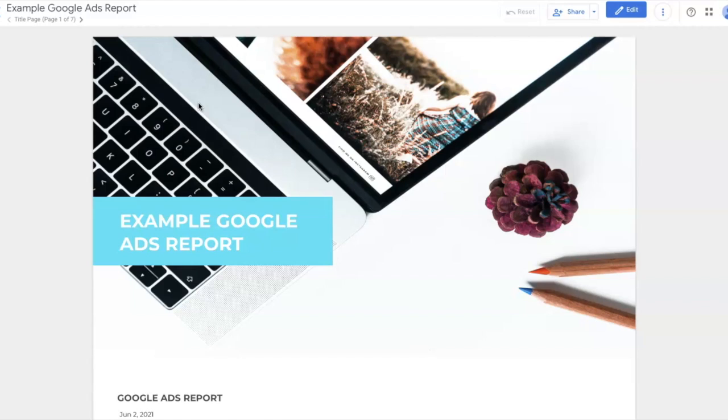Please bear in mind that not every single report is exactly the same, so your report might be ever so slightly different to this example Google Ads report. That's just because different customers have different types of tracking, they're different businesses with different goals, and whereas one person might be an e-commerce store selling things online, you may be a leads-based business, which will ever so slightly impact and affect the data that is included in your report.